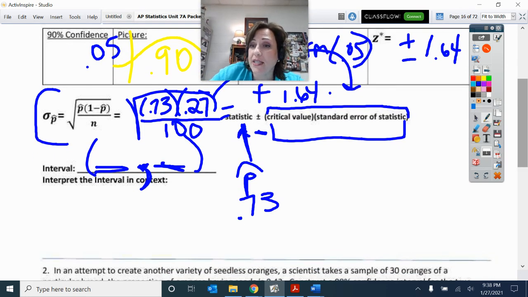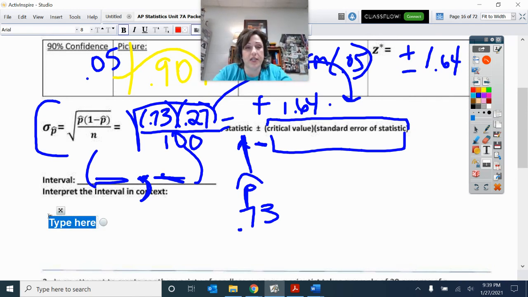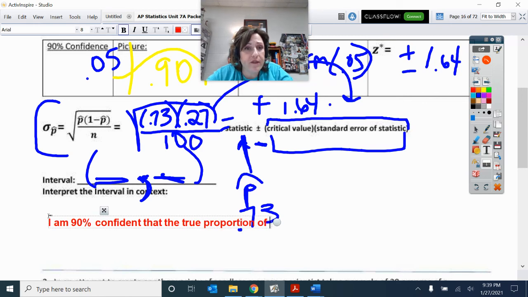So then in context, how you would write your answer is you're going to say, I am, in this case, 90% confident that the true proportion of whatever this is. What's the context of this problem?